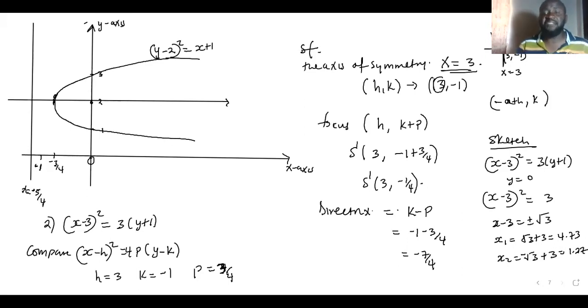In sketching the curve, this is what we are going to expect. First and foremost, you will have this as your y-axis, and this as our x-axis. Then where is our directrix? Our axis of symmetry is at x is equal to 3.